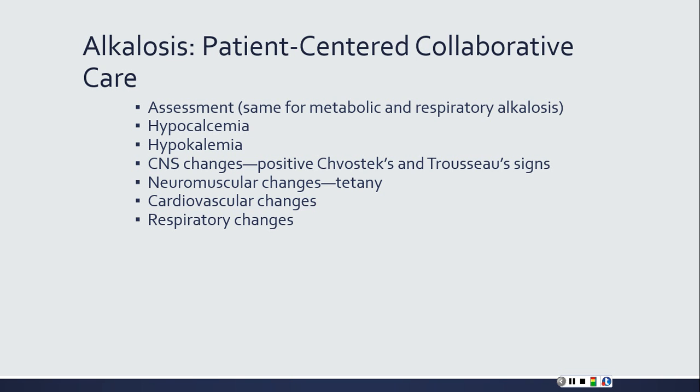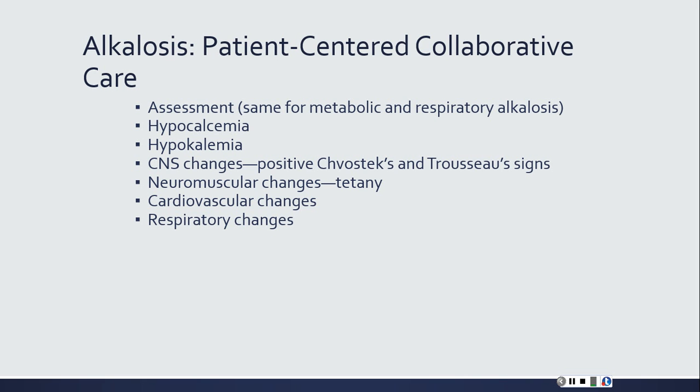Also CNS changes. Okay. Positive Chvostek and Trousseau signs. Muscular changes including tetany, and then respiratory changes. What respiratory changes are we looking for with alkalosis? Well, if the patient's in an alkalotic state, the respiratory system is going to decrease. Everything's going to be depressed there.